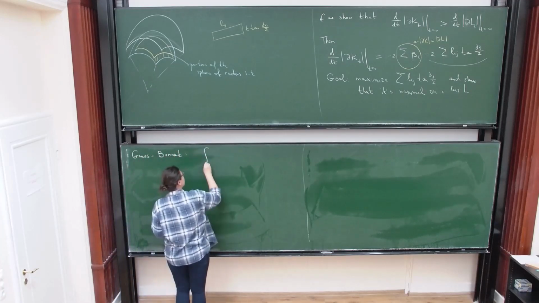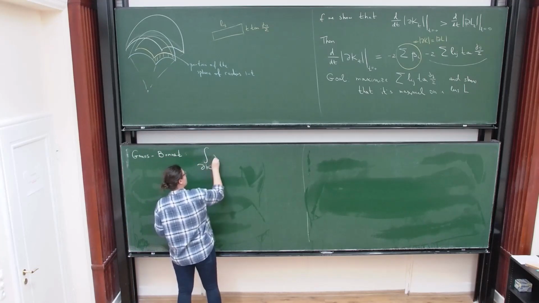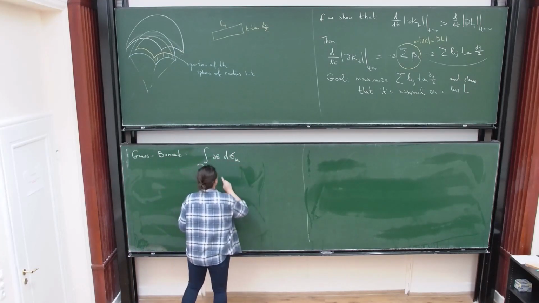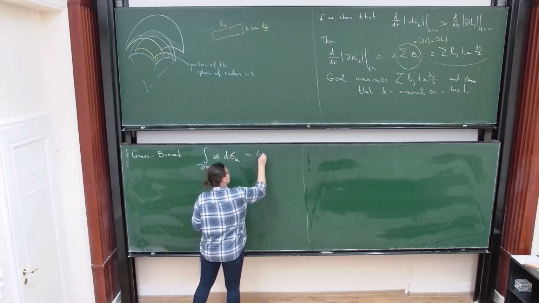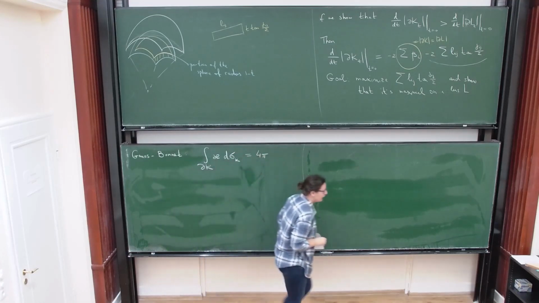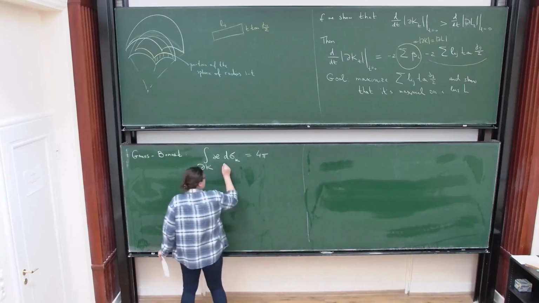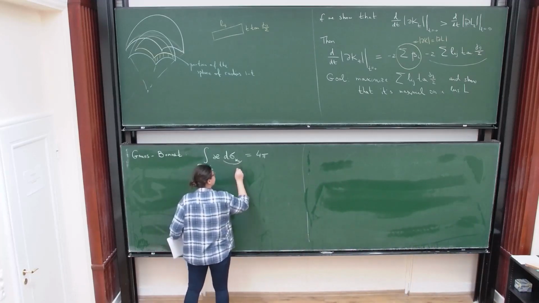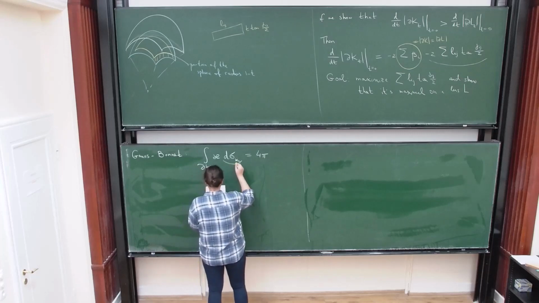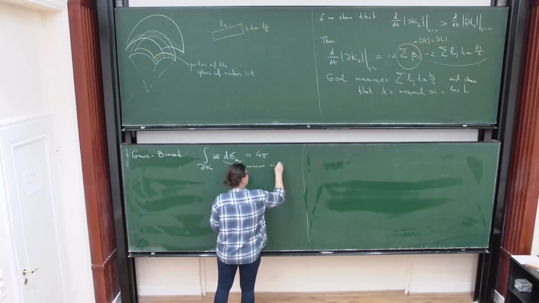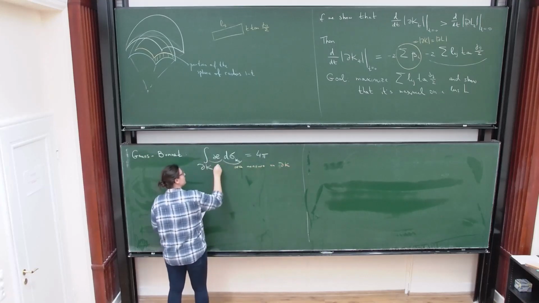It states that if we integrate the Gauss curvature over the boundary of K, we get the area of the sphere. Here, this is the area measured on the boundary, and this is the quantity that we saw in the first lecture.